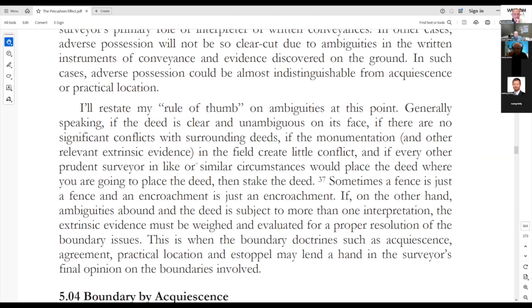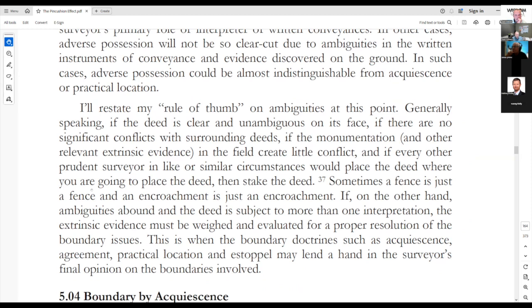So Jeff finishes off this portion by saying, I'll restate my rule of thumb on ambiguities at this point. Generally speaking, if the deed is clear and unambiguous on its face, there are no significant conflicts with surrounding deeds, if the monumentation and other relevant extrinsic evidence in the field create little conflict, and if every other prudent surveyor in like or similar circumstances would place the deed where you are going to place the deed, then stake the deed.